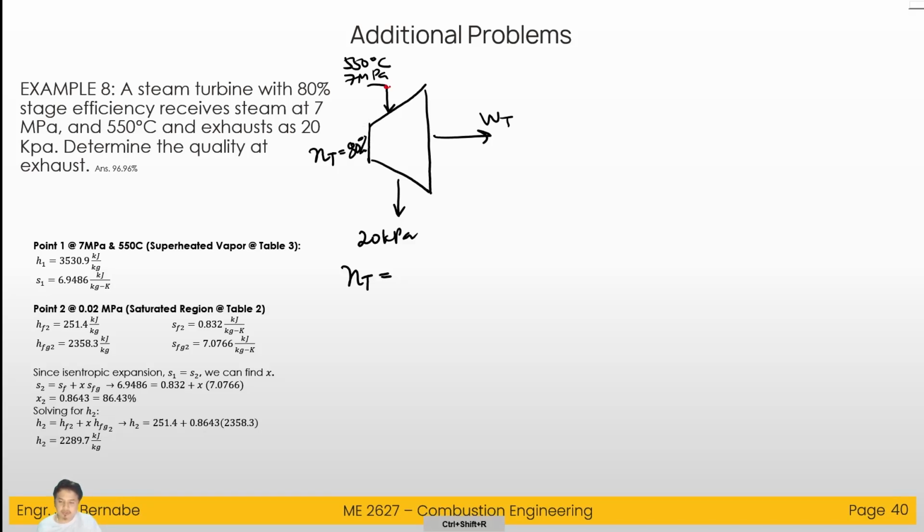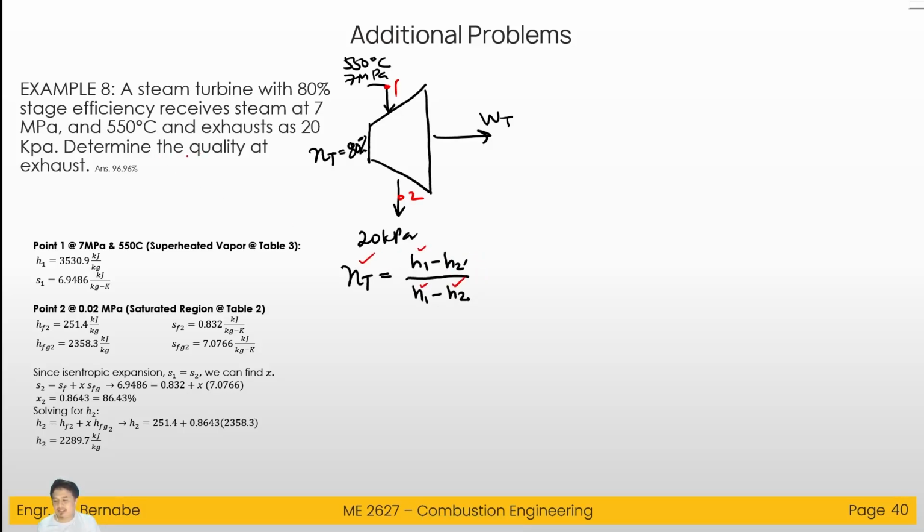If this is point 1 and this is point 2, the ideal is in the denominator: h1 minus h2. For the actual, you have h1 minus h2 prime. This can be found using the typical Rankine cycle, so you can find h2 prime given this.